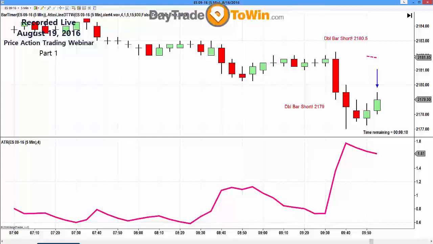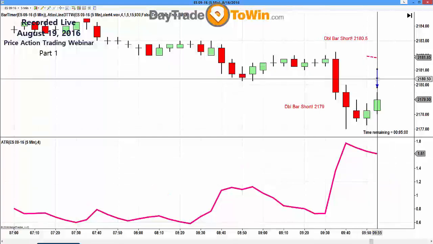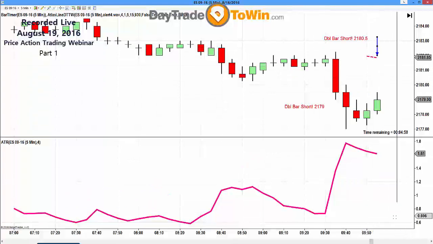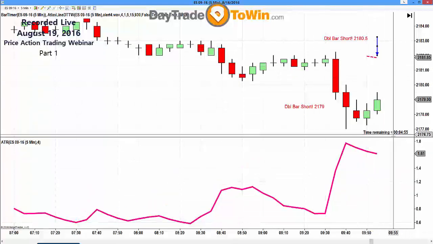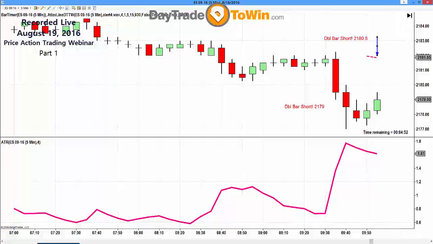Okay, so one of the things we all don't look at is overbought, oversold, overexhausted. This idea that I'm the last guy going short. Nobody ever thinks about that. I teach that. I want you to know that even though this may be a short trade, how far away are we from the Atlas line, which would make it oversold or overexhausted, which would in turn not give me a profitable trade?